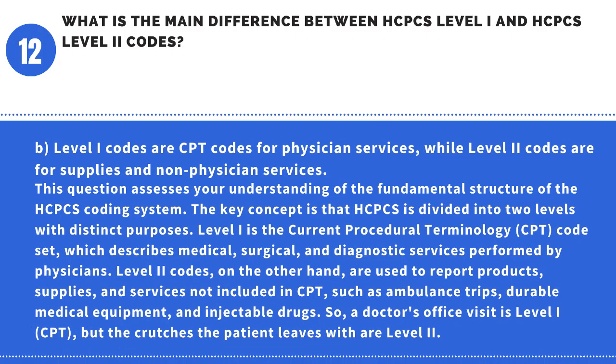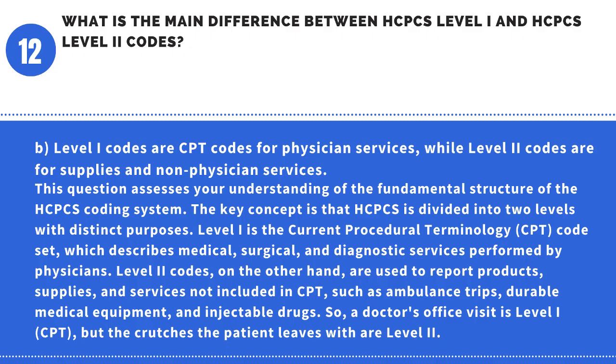Answer: B. Level 1 codes are CPT codes for physician services, while Level 2 codes are for supplies and non-physician services. This question assesses your understanding of the fundamental structure of the HCPCS coding system. The key concept is that HCPCS is divided into two levels with distinct purposes.